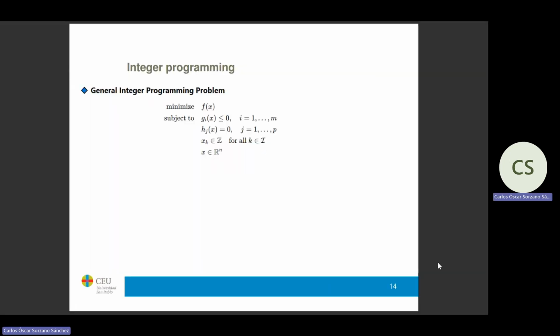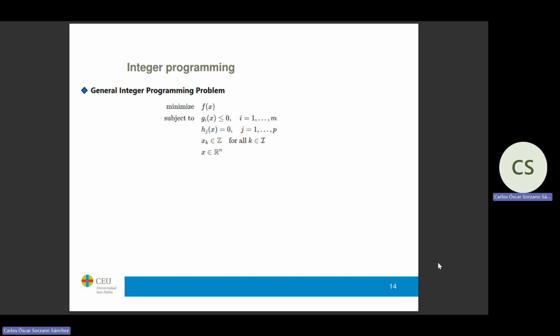Before, I mentioned that linear programming and nonlinear programming refer to the linearity or nonlinearity of the goal function. Here the name comes from the nature of the variables that you can optimize.